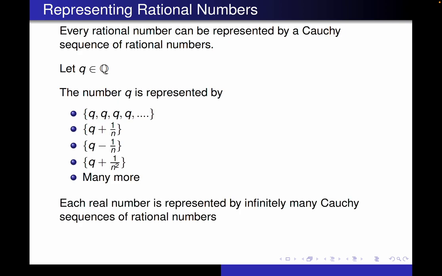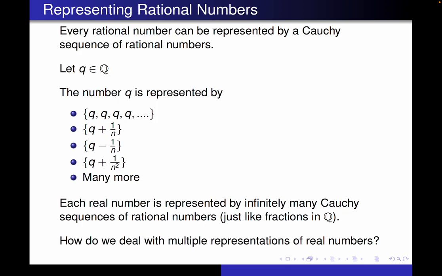And what maybe you can see indicated here is that every real number can be represented by infinitely many Cauchy sequences of rational numbers. And if that kind of freaks you out, it's no different than what we've seen before. Just like fractions in the rational numbers, actually just like the ordered pairs in the integers, there are lots of different ways you can represent each integer.